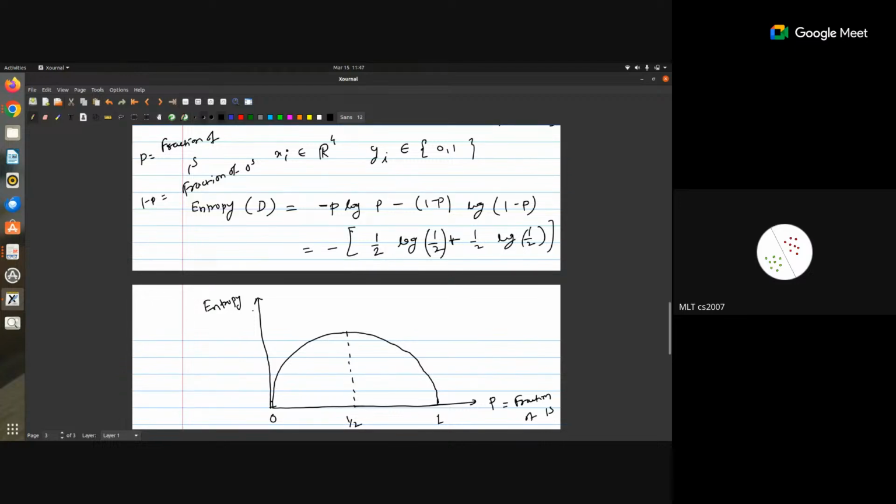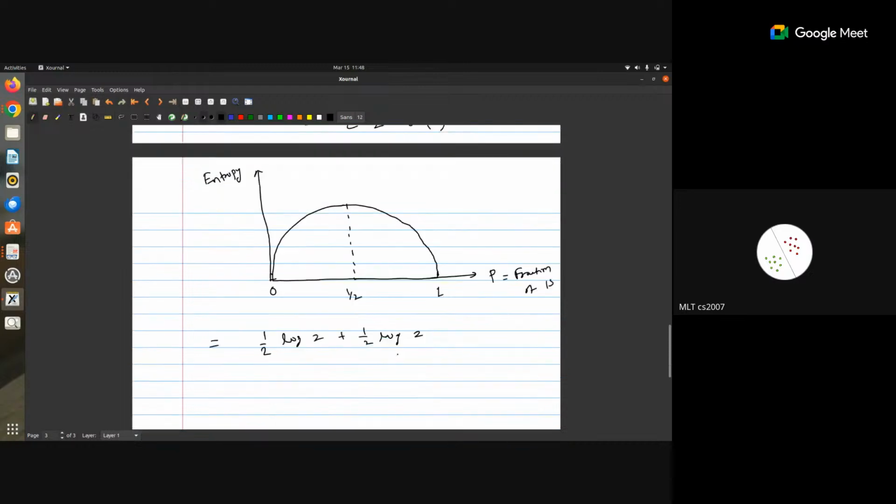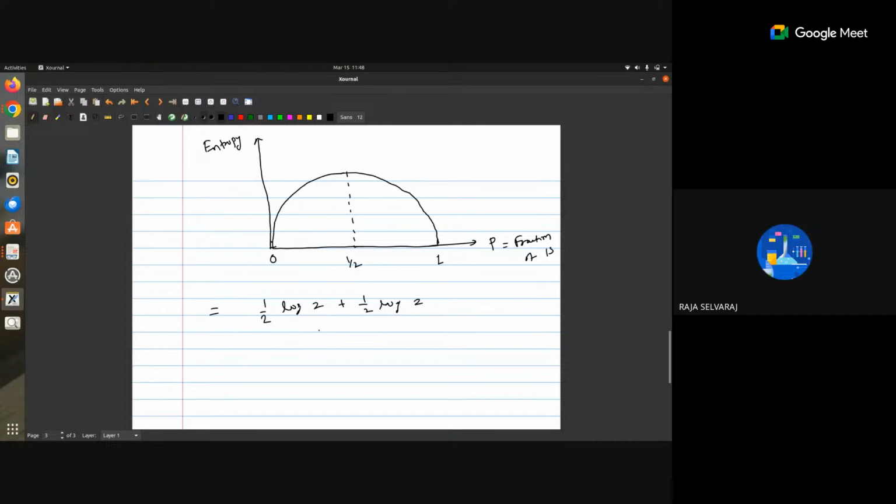Basically, if you take this minus sign inside, how will it look? Half will turn to log 2, so it is half log 2 plus half log 2, right? And what is the value of log 2 if the base is 2?